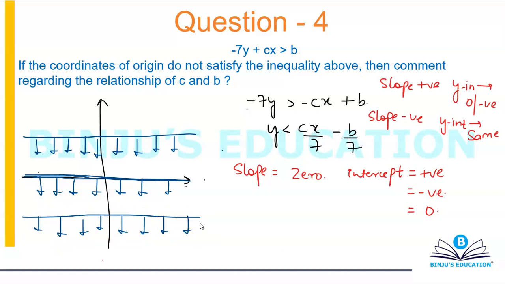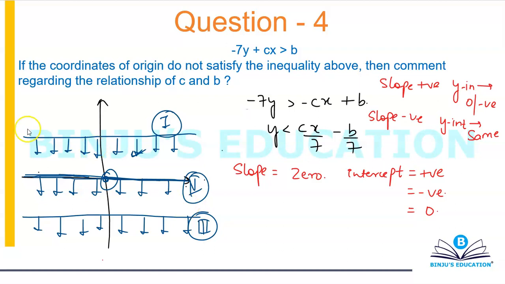You can see that for case number 1, the region is below and origin is also below the line, so this satisfies. But for case number 2 and case number 3, it does not satisfy, because in one of the cases origin is lying on the line, but the region for consideration is below the line. And for case number 3, origin is lying above the line, but the region of consideration is below the line.